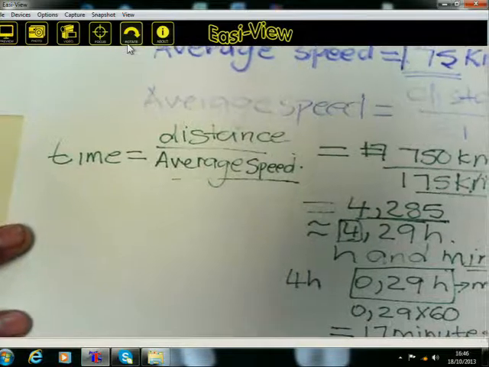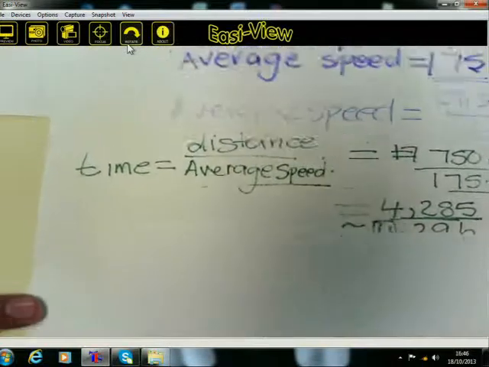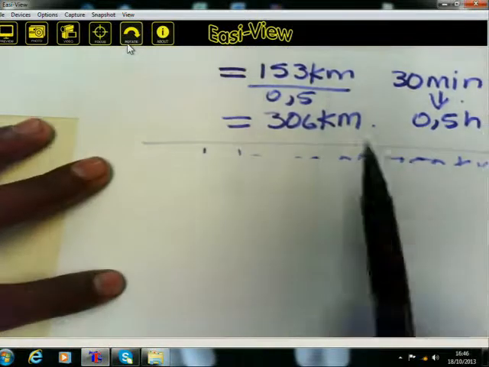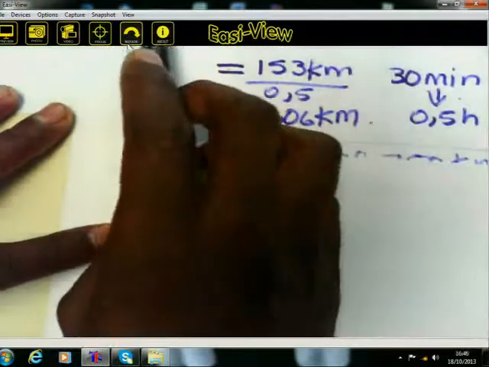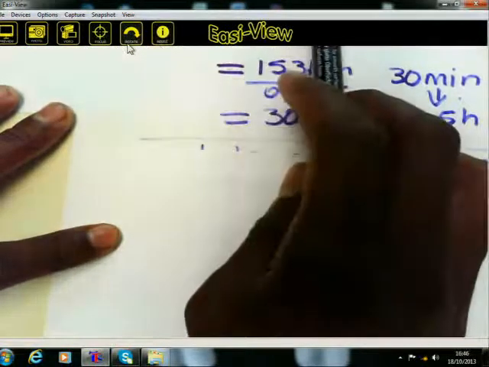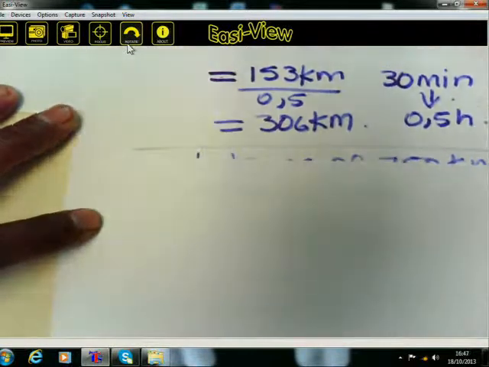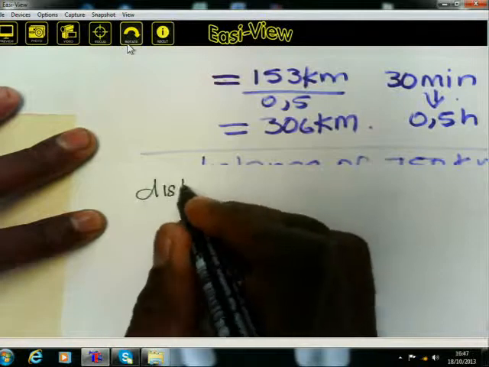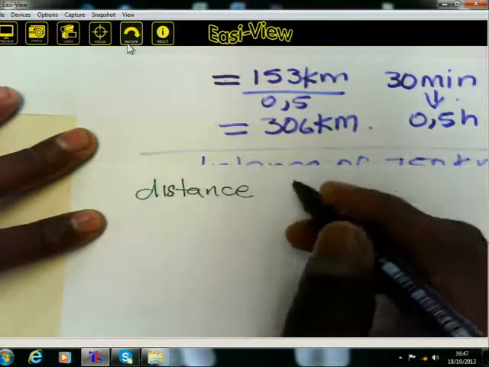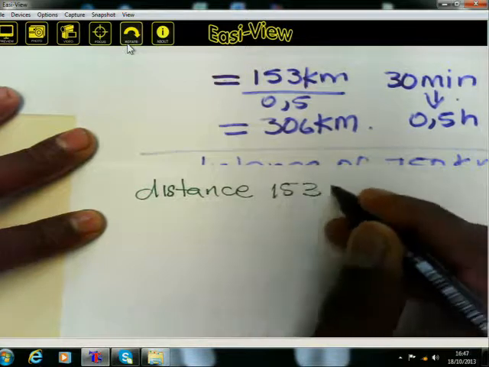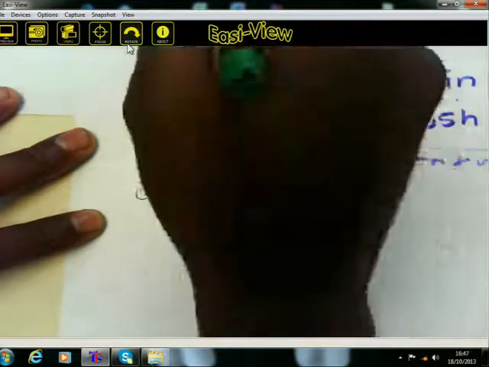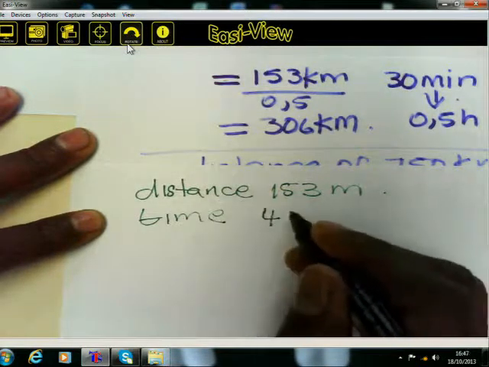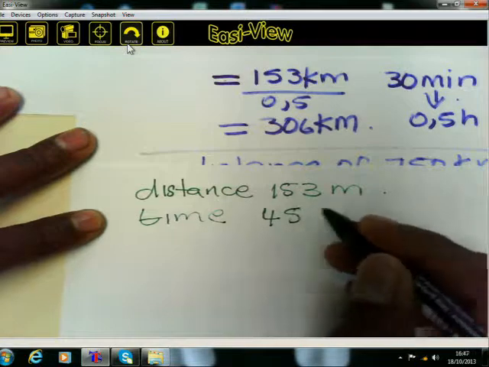Again, with the same example, they can say here, calculate the average speed in kilometers per hour, but the distance being given in meters and time in minutes. Let's say our time is 45 minutes.